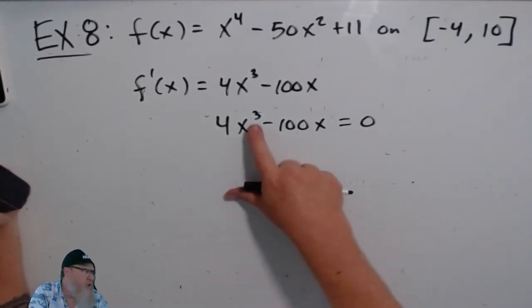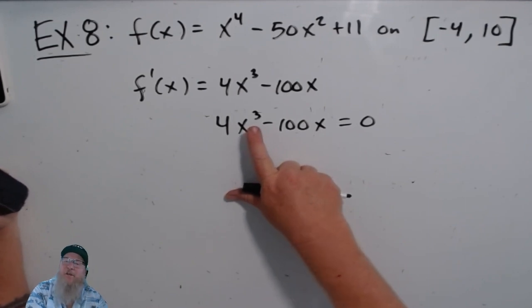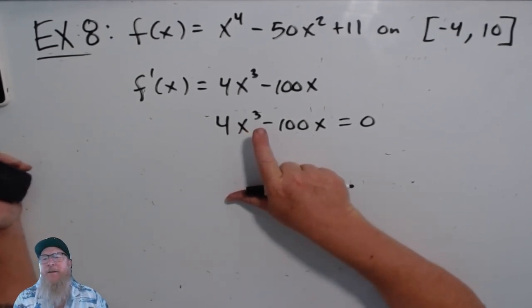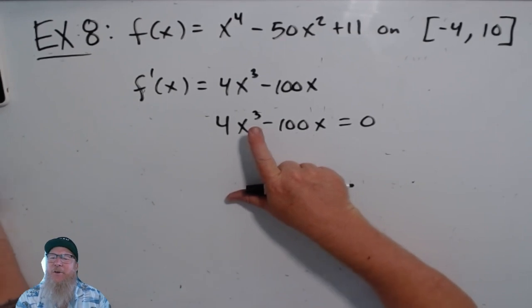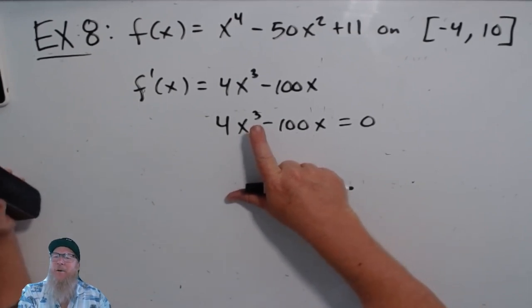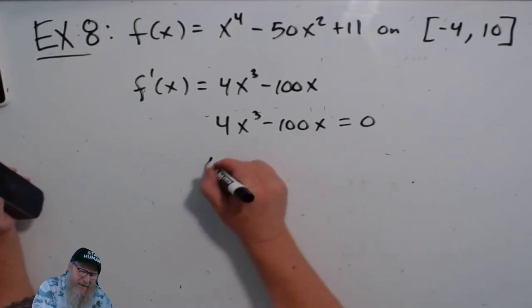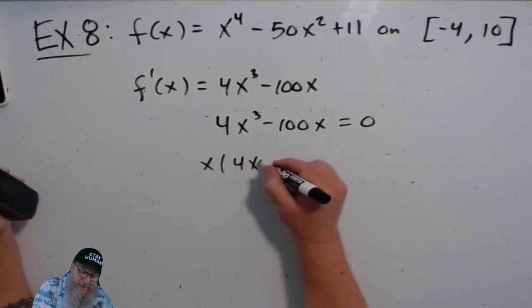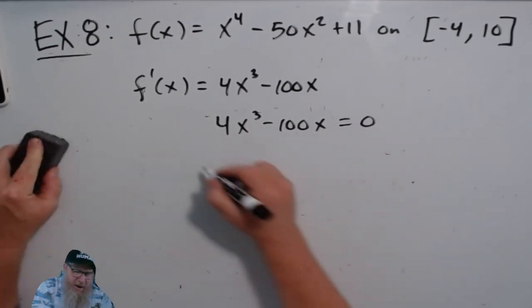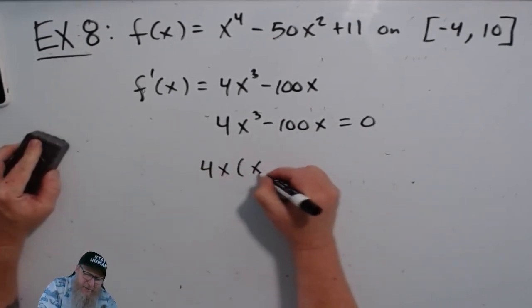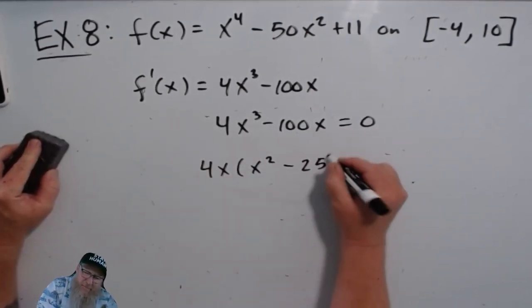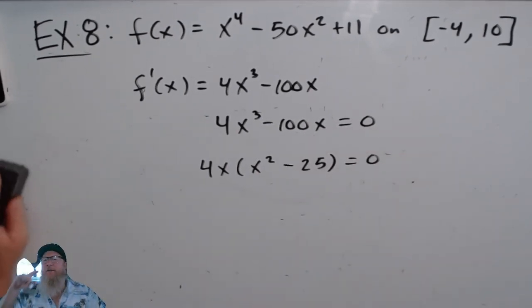Now, normally cubic polynomials are difficult to solve. In some of my previous lectures, I would have to give you a hint in order to be able to solve a cubic. But in this particular one, because there's only 2 terms, I can factor out a 4x.